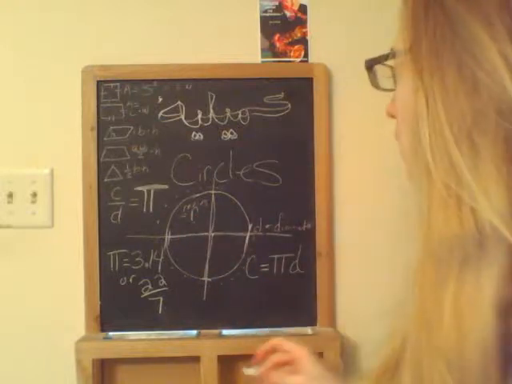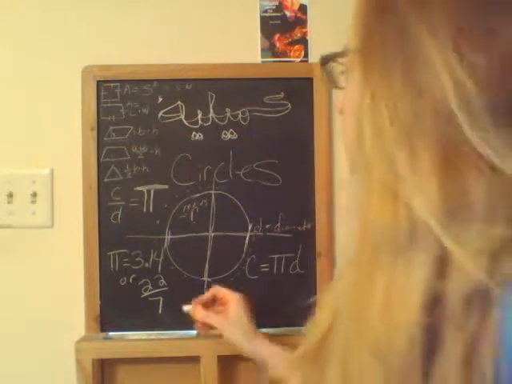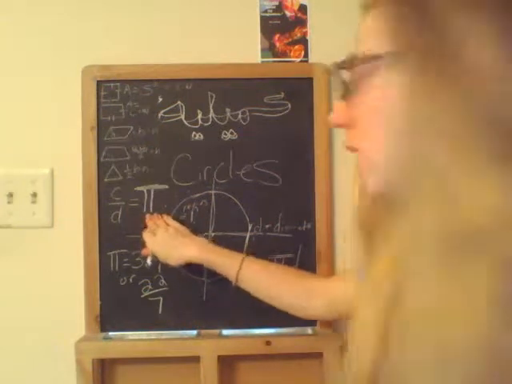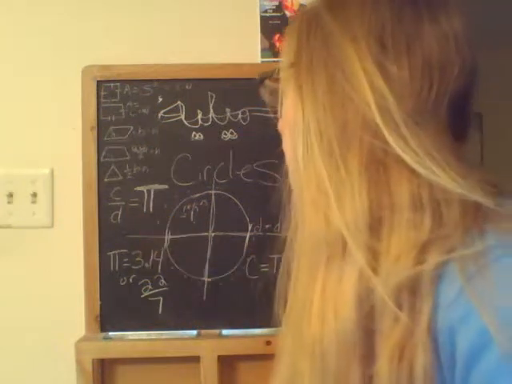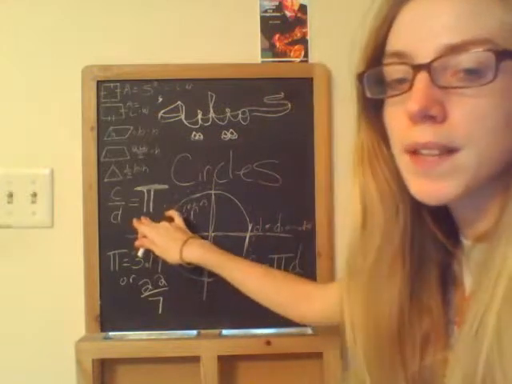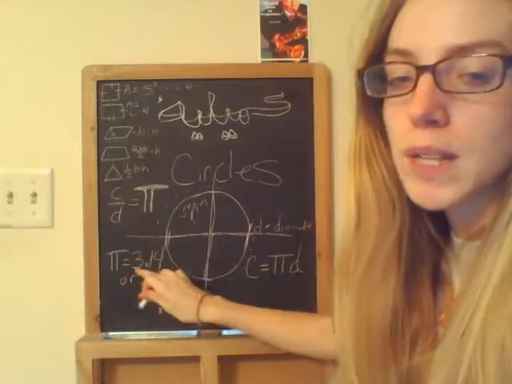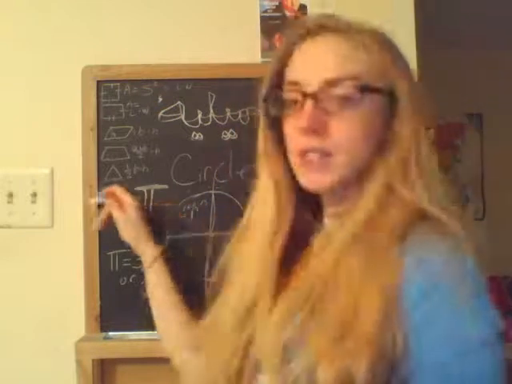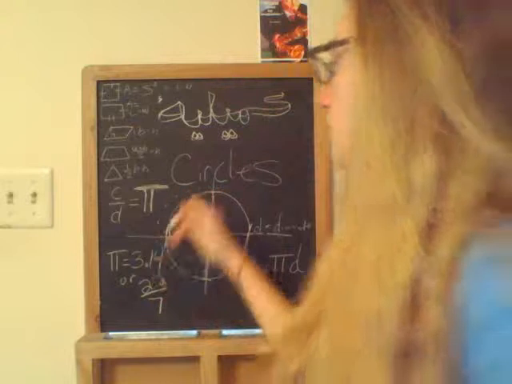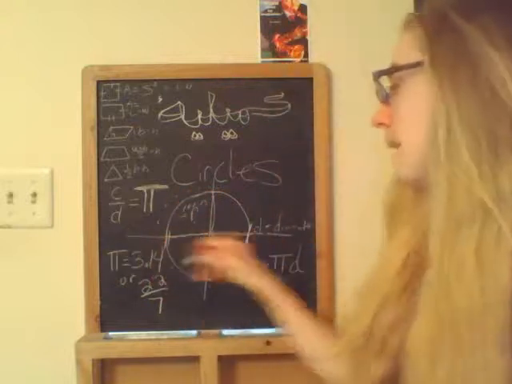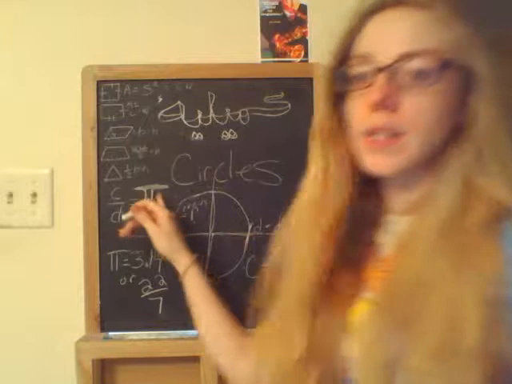So, we also want to know what this little thing here is. It's called pi. It's a symbol for pi, and it's also recognized as a specific number, and I'm about to tell you where we get the number 3.14 or 22 over 7. If you take a circumference, which is the distance all the way around a circle, and divide it by its diameter, you're going to get this number.